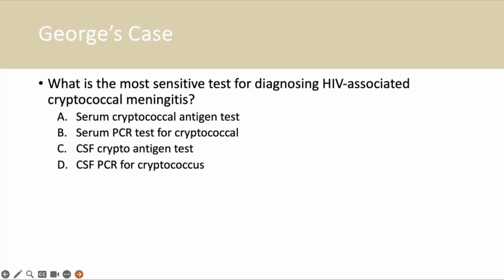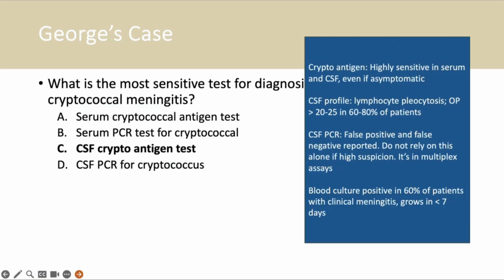I don't know if it's a PCR antigen testing. From which site? From CSF, I would think CSF. Okay. Yeah, so we look for the crypto antigen. It often can be positive in serum, but we definitely always check for it in CSF too if we're getting the lumbar puncture. And it's highly sensitive in both serum and CSF.